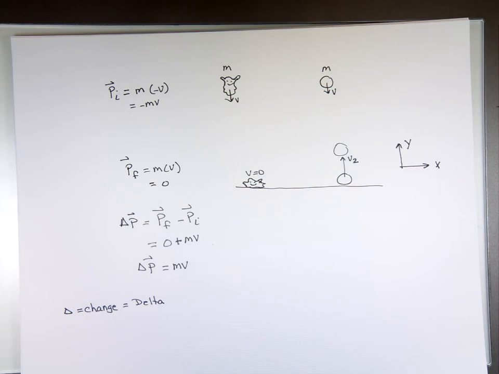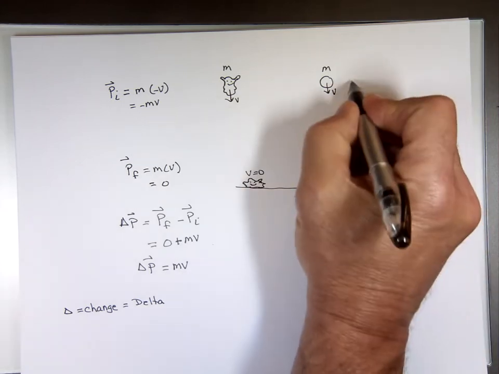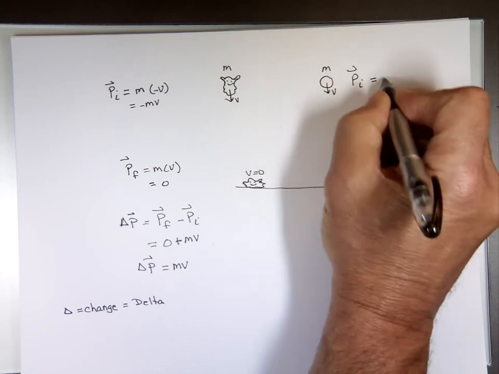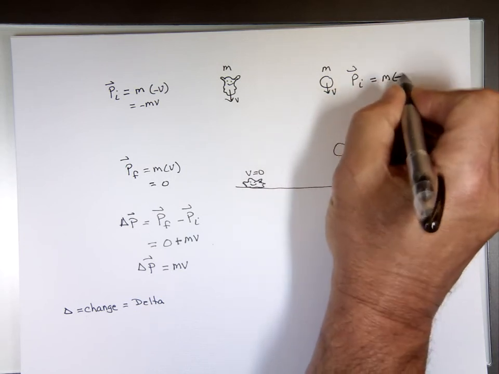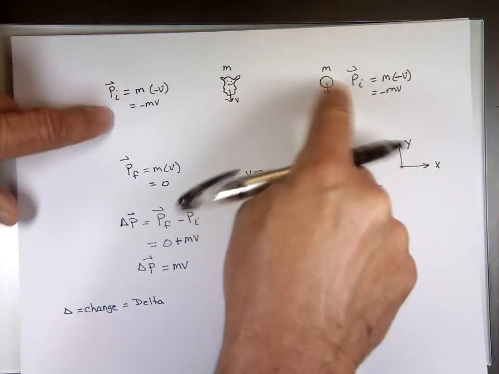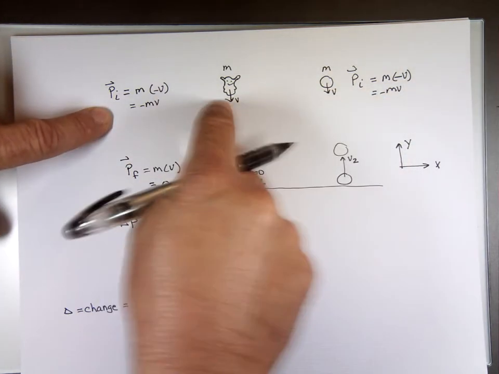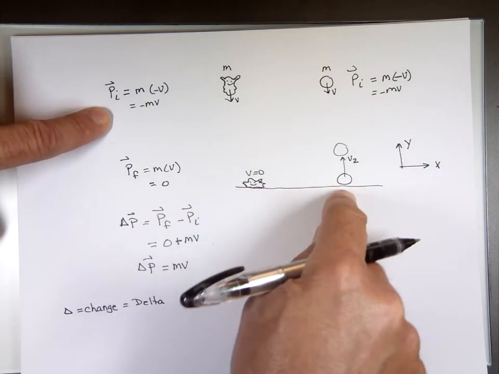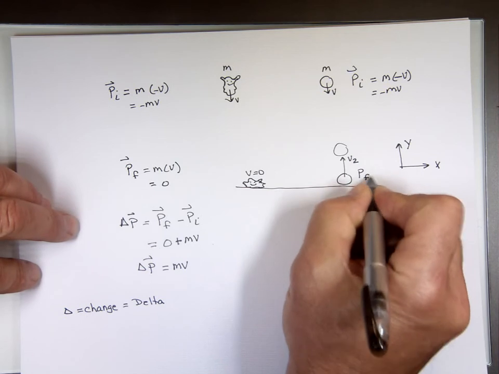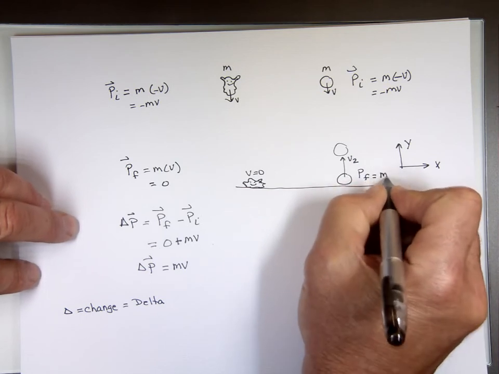Now let's look at that tennis ball here. What was my initial momentum for the tennis ball? It's the mass times the velocity, which is negative V. So initially both of these guys have the same momentum. Once the ball hits the ground and bounces back up, what's my final momentum? Mass times the velocity, which is V2.